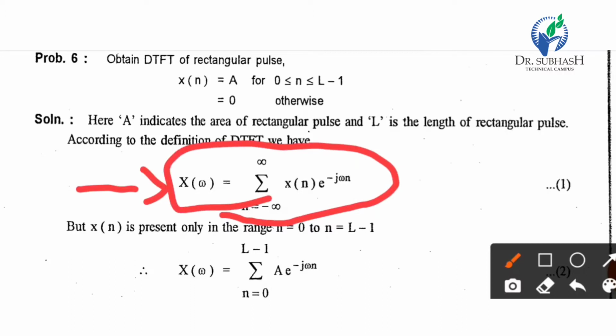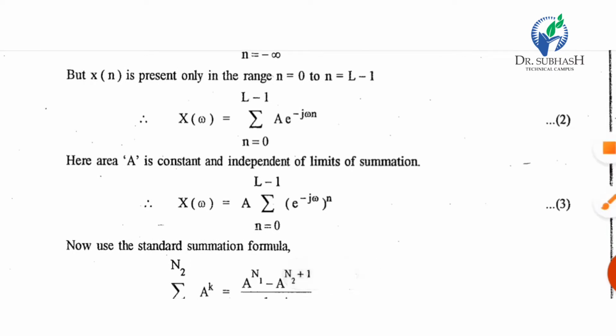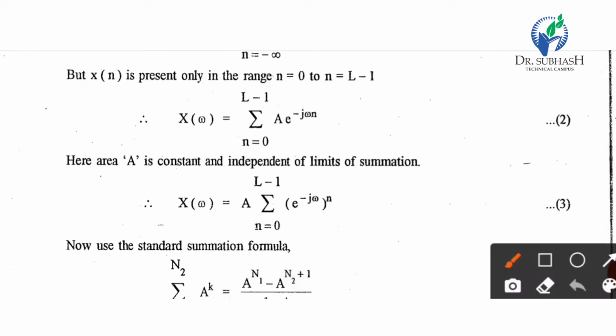But our range is 0 less than or equal to n less than or equal to L minus 1, so we will change this summation limit according to the question. x of n is present only in the range of n equal to 0 to L minus 1. So X of omega equal to summation n equal to 0 to L minus 1 a e raised to minus j omega n.